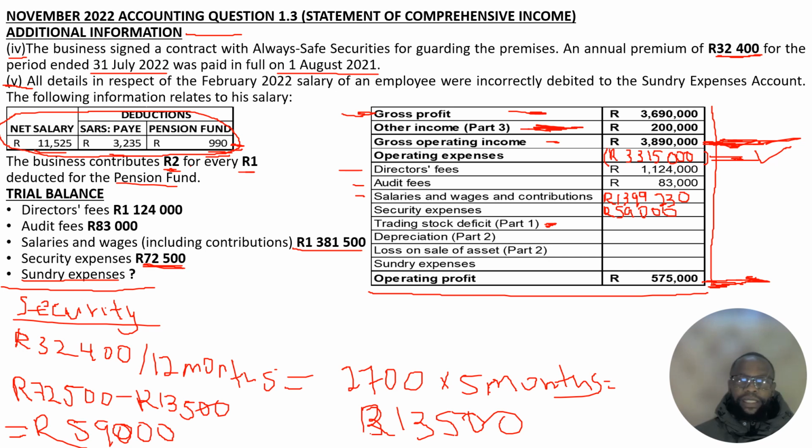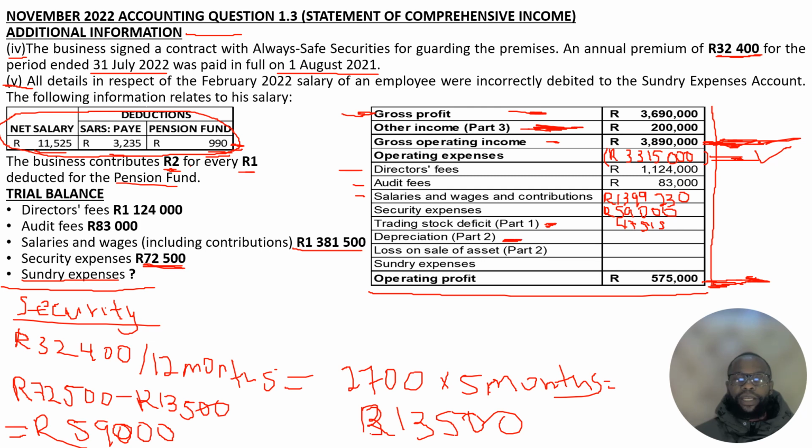It was 47,515. Also the depreciation for the year, we already calculated in part 2.